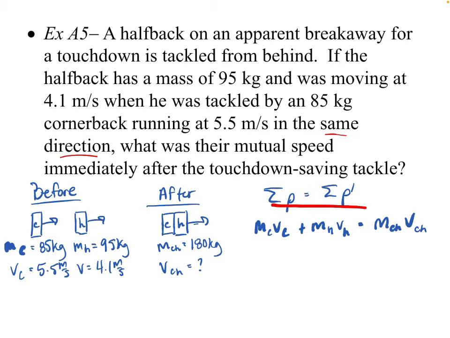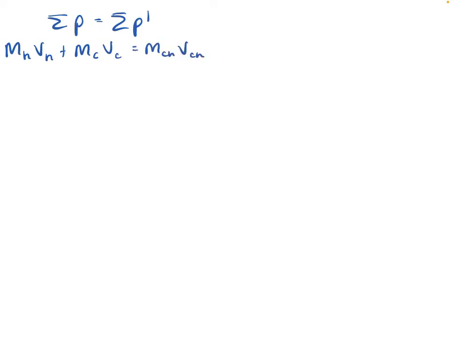Okay, so I'm looking for the speed of the unit, the cornerback and the halfback together afterwards. I'm going to go to the next page just because I am running out of room. I'll write this all down again. I may have written it in the wrong order, but hopefully you get this.